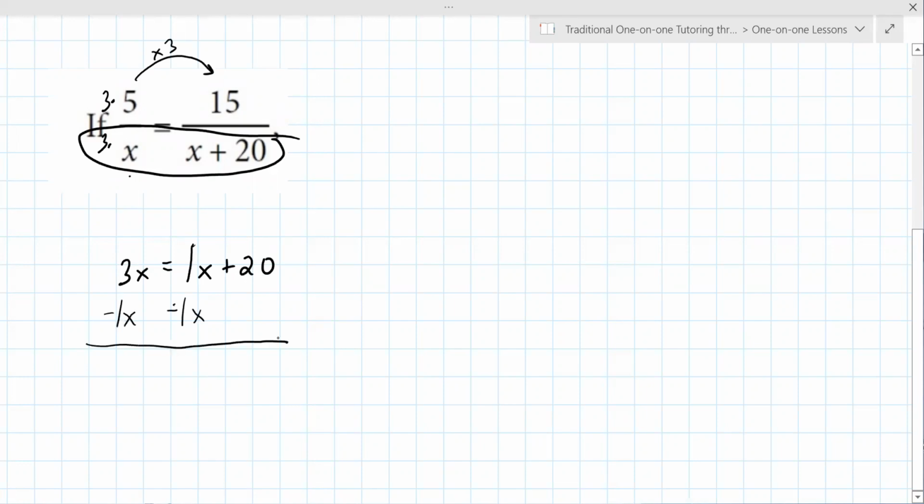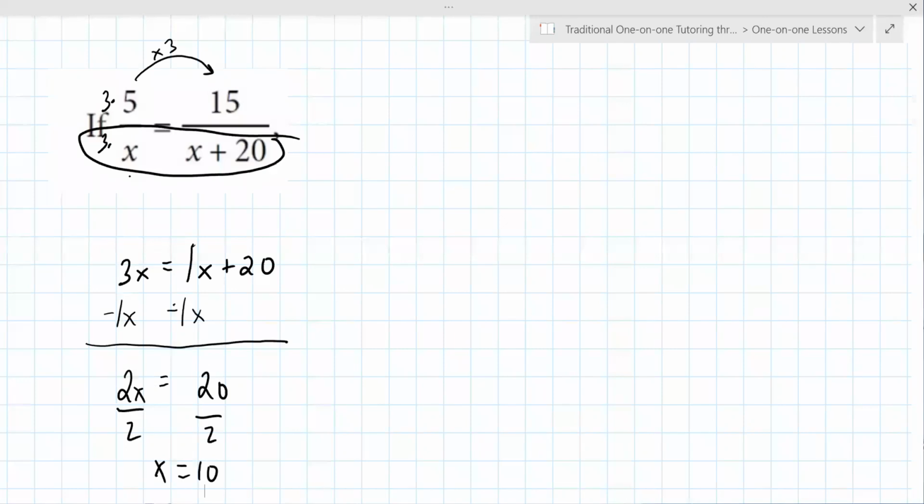Of course, why did I forget? So 2x equals 20. And then divide both sides by 2, and then you get 10. X is 10. Very good.